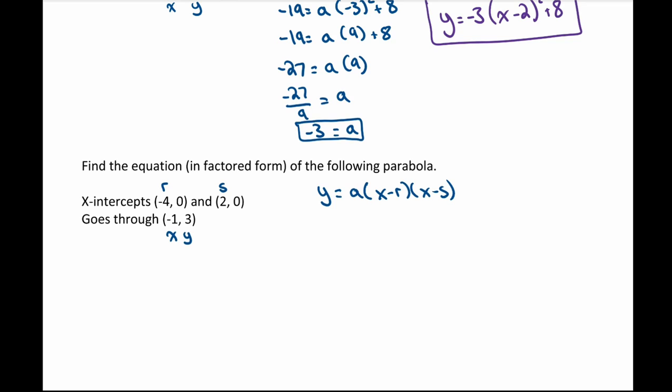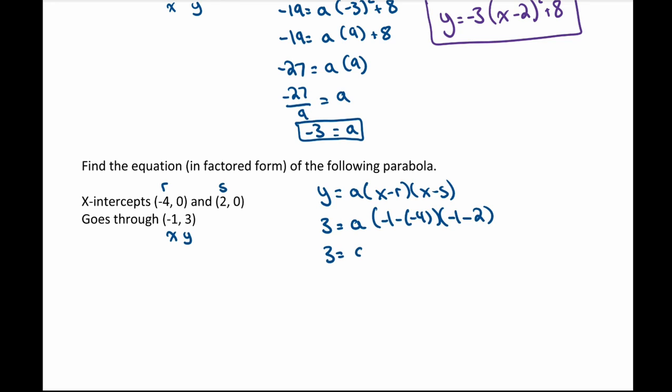So we're going to do the same thing, except we have a different formula that we're subbing into. But the process is still going to be the same. So instead of y, we're going to write 3. A we still don't know. X is -1 minus r, so minus -4, times x, which is -1, minus s, which is 2.